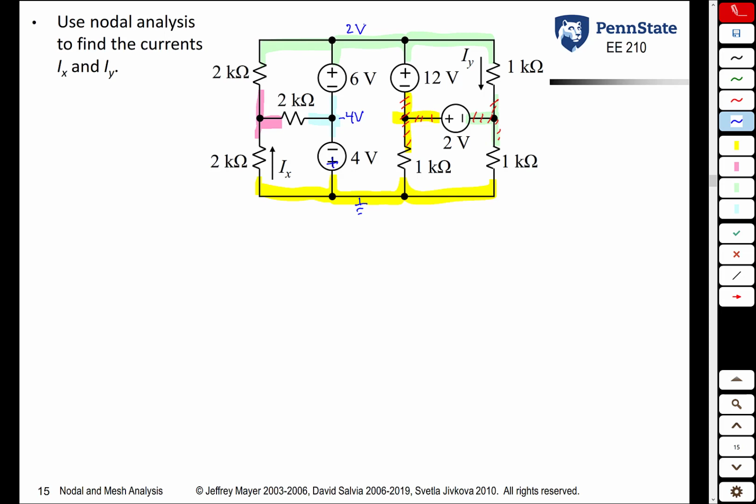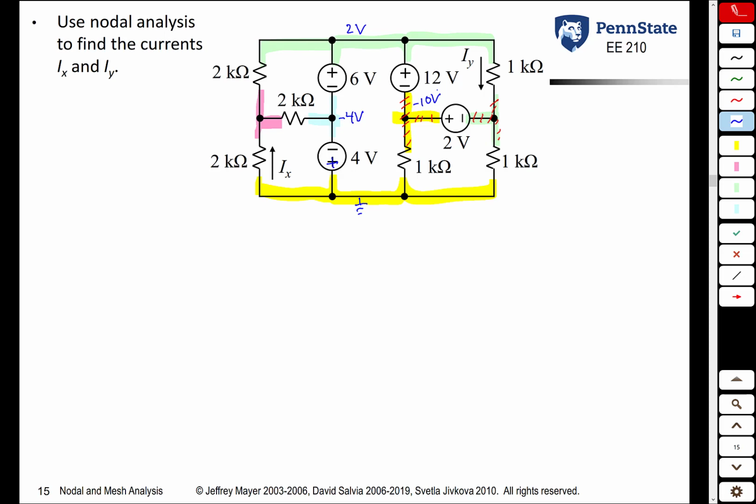And that 12-volt source says that the green node is 12 volts higher than the yellow node with the red dashes on it. So if the green node is at 2 volts, the yellow node with the red slashes is at negative 10 volts. Finally, that 2-volt source itself is not grounded, but it's connected to the 12-volt source, which is connected to the 6-volt source, which is connected to the 4-volt source, which is grounded.